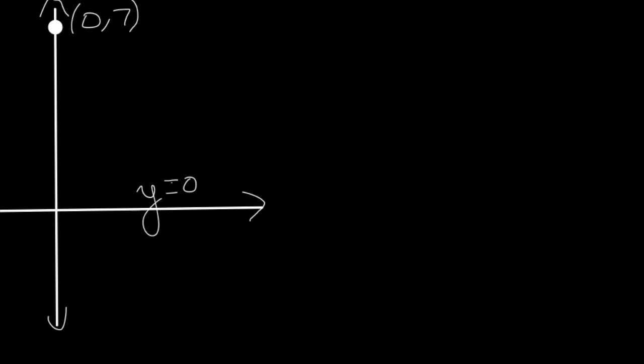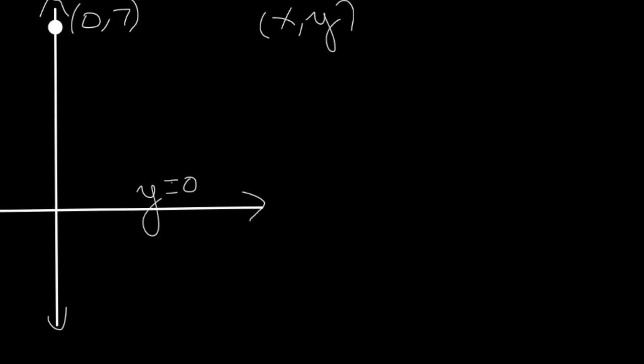So let's say we wanted to find all the points that are equidistant from the point (0, 7) and the x-axis. First, we would write down a coordinate that represents all the other coordinates that are equidistant. In this case, and in most cases, it would be (x, y). Then we have two other coordinates we need, one to represent the focus, or the point, and the directrix, or the line.